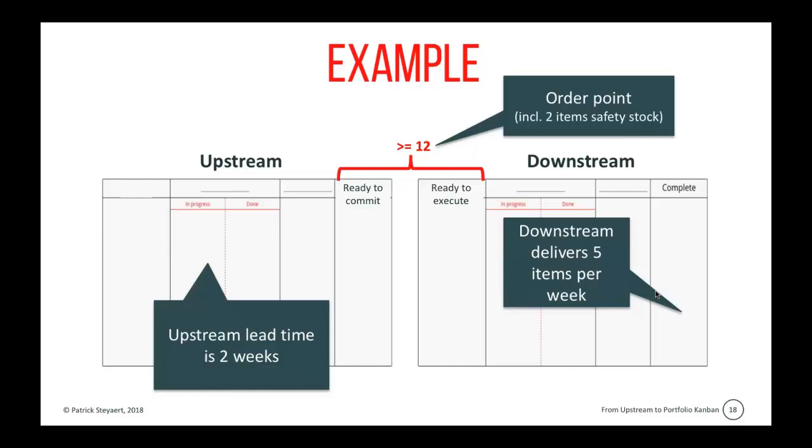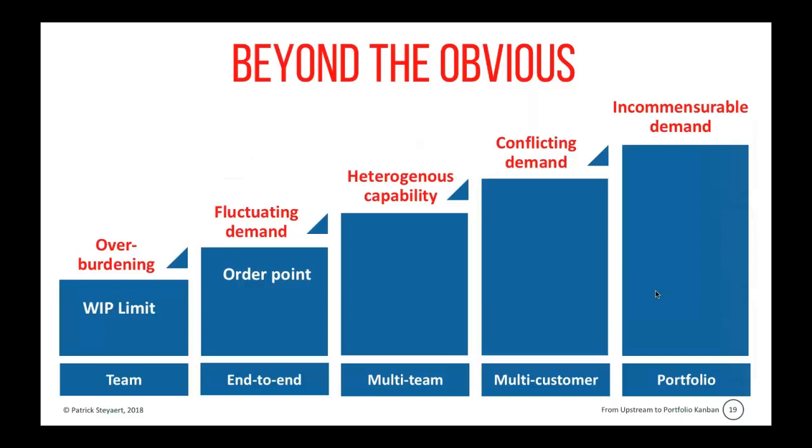So the order point is a minimum limit. In this case, we set a minimum limit of 12 items, 10 plus 2 of safety stock, over the ready to execute and the ready to commit, in order to ensure that at all times we have items ready to be executed. So that's how we deal with fluctuating demand. So order points.